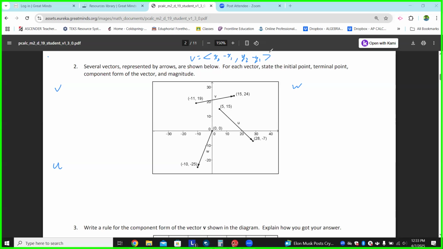25 times 25 is 625. Yeah, it doesn't get much harder than this, till we get to those word problems.